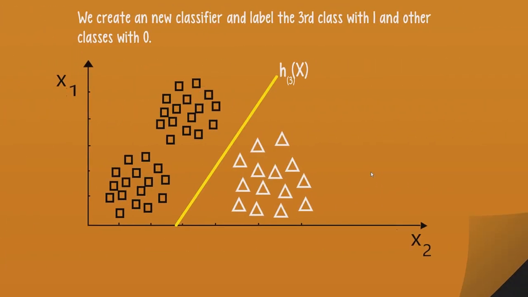And then we have a third classifier, h subscript 3 of x, that does the same thing just for class 3. That means if the input is from class 3, y equals 1. If it's from class 1 or 2, y equals 0.